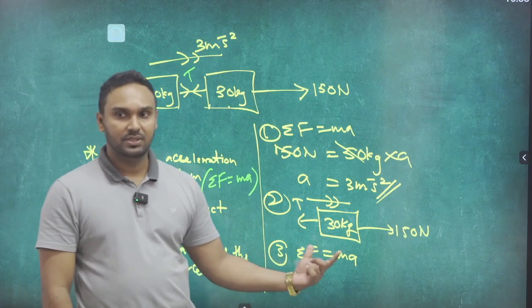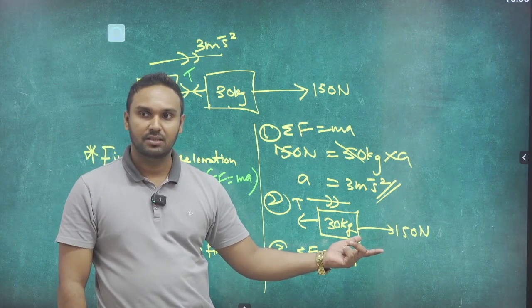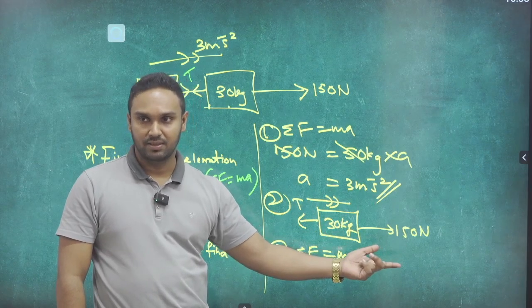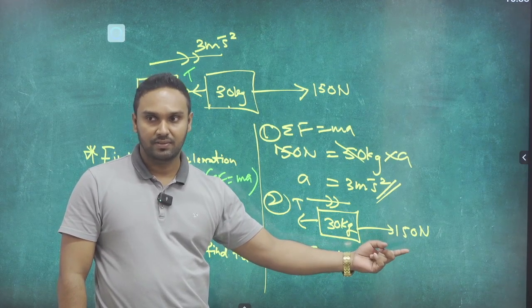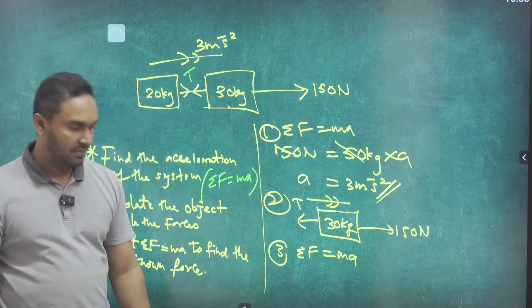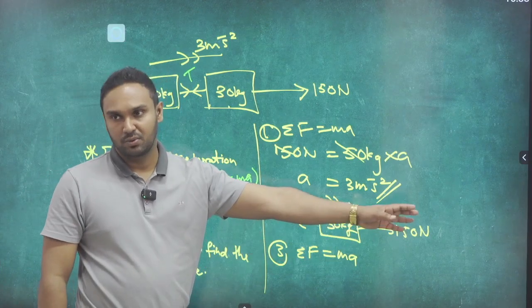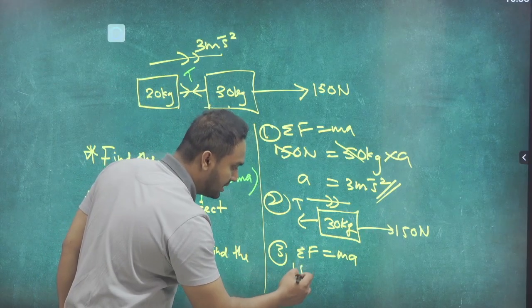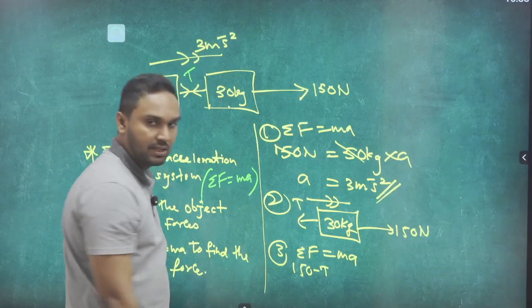If there are two forces and if one is larger, you deduct the lesser one from the larger one, right? So you have to take the larger one first. So which one is larger, 150 or T? 150 is larger because it's moving towards its direction, right? So the resultant here will be of these two forces, 150 minus T.